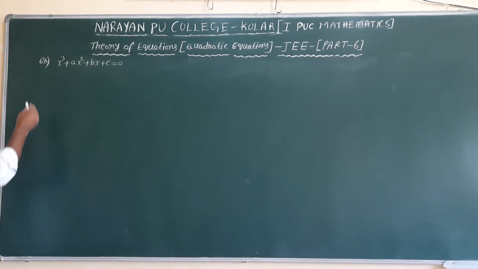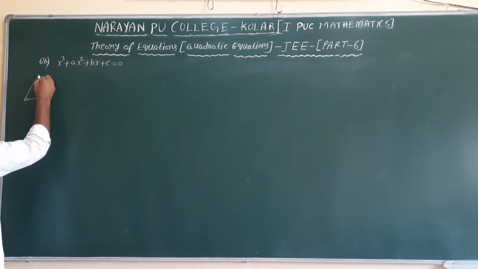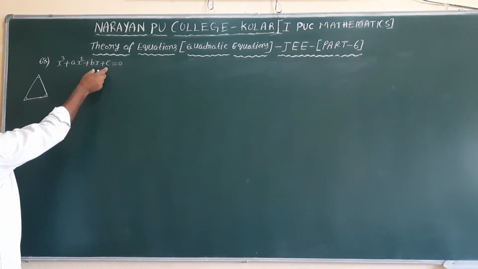Here one triangle is given. That triangle's roots are cosines of angles. If you take here a cos a, here b cos b, here c cos c, indirectly cos a, cos b, cos c are the roots of the equation.